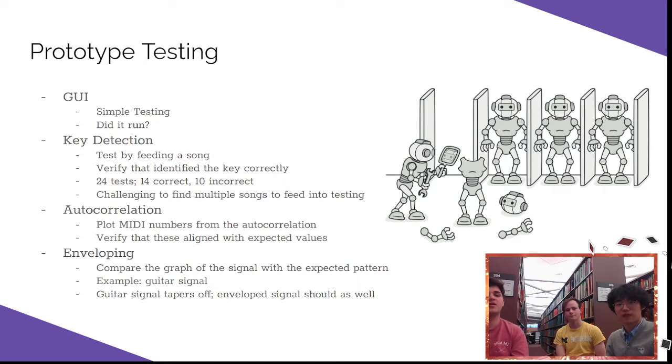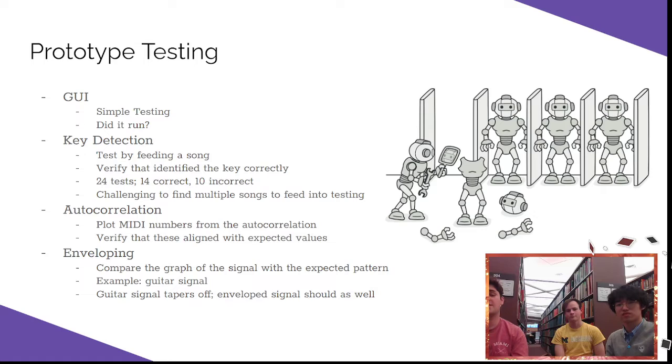So for our correlation, the way we tested that to make sure it ran well was we plotted the many numbers from our correlation to make sure that these numbers actually were what they're supposed to be.